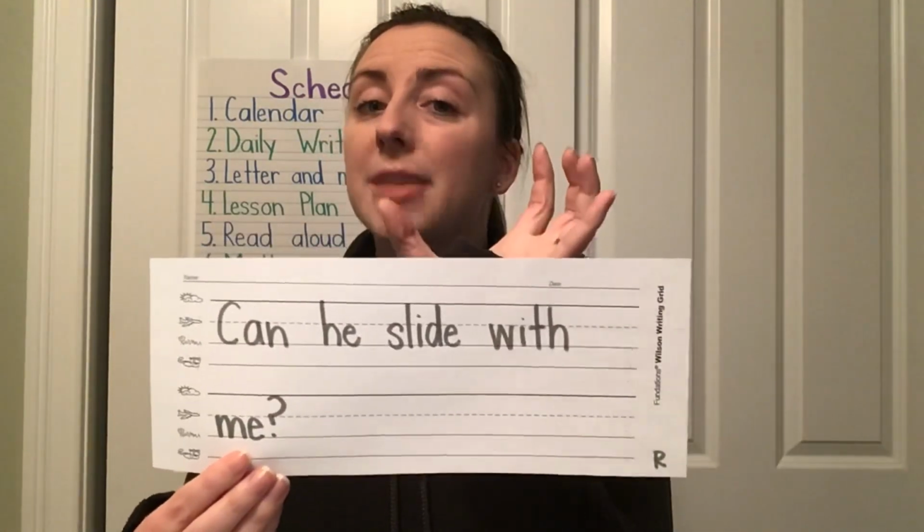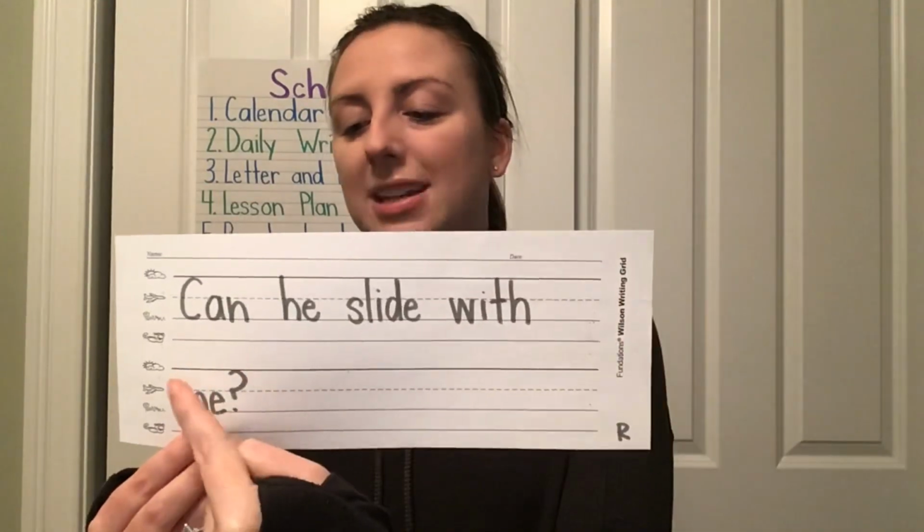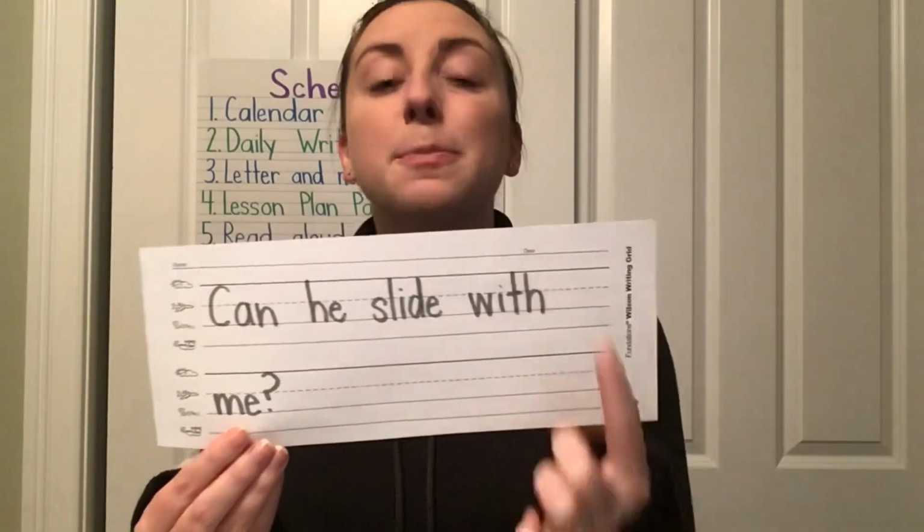I did not have enough room to write me on this line, so I can't split up that word. I have to keep it all together, which means I have to come down to the next line on the left to write that word me. 1, 2, 3, 4, 5 words that are all separated by spaces.